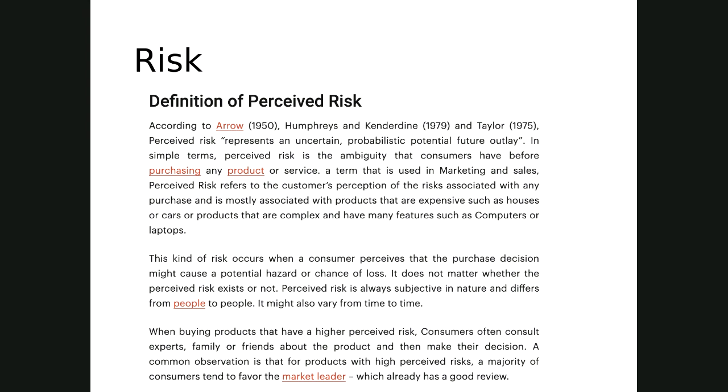So perceived risk is always subjective in nature and differs from people to people, right? When buying products have a higher perceived risk, that could be because of cost or a large long-term commitment, any number of reasons. Consumers often consult experts, family, or friends about the product and then make their decision. A common observation is that for products of high perceived risk, a majority of consumers tend to favor the market leader.